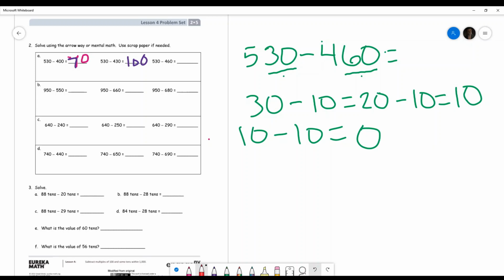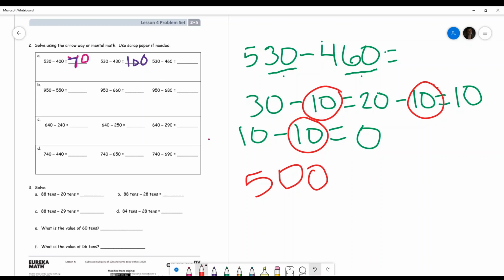So I had 1, 2, 3 tens, so 30. So I still have 3 more tens left. So now my number is 500 minus 430.